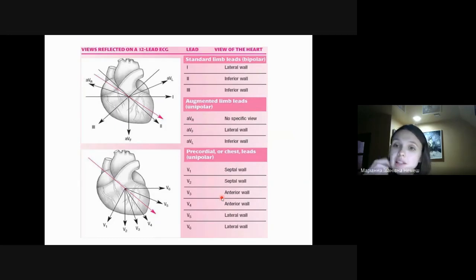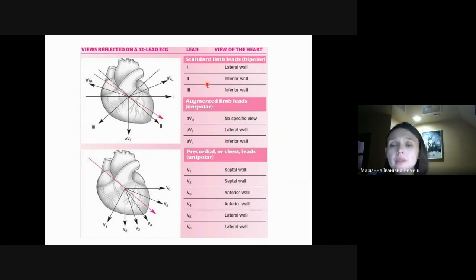So here in this slide is presented which lead is responsible for describing information from which part of the heart. For instance, the first lead is responsible for the lateral wall of the heart.